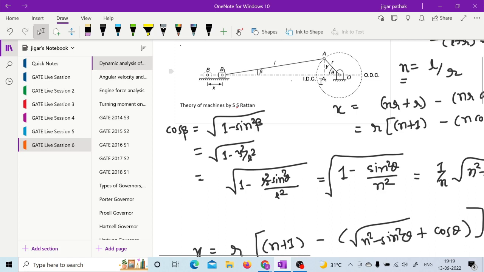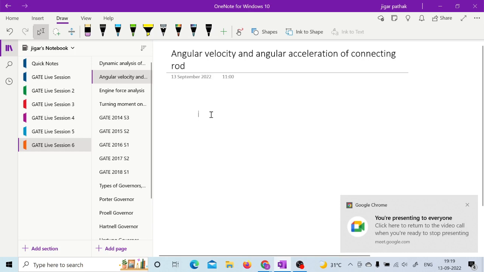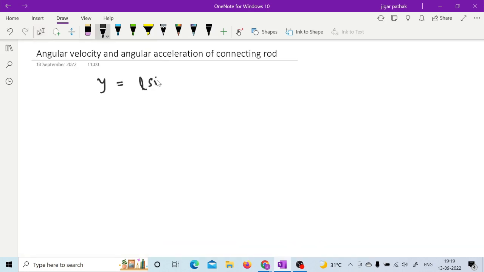So if you consider different triangles, then y can be given by L sine beta as well as R sine theta, right? So both can be written for y.